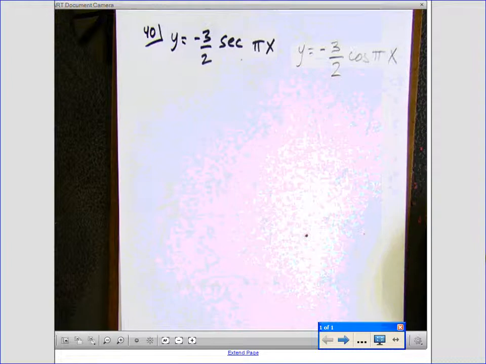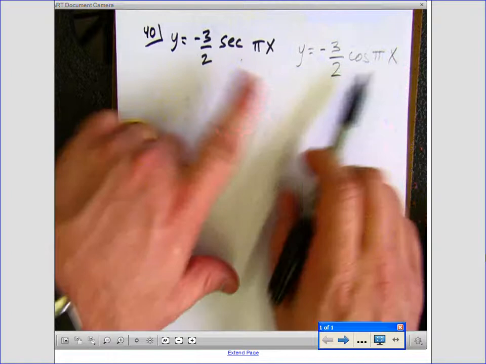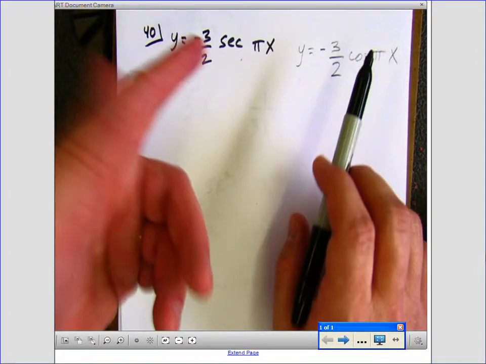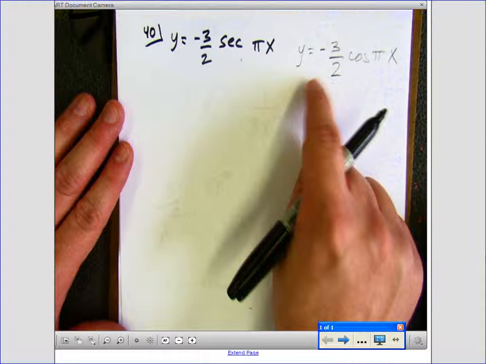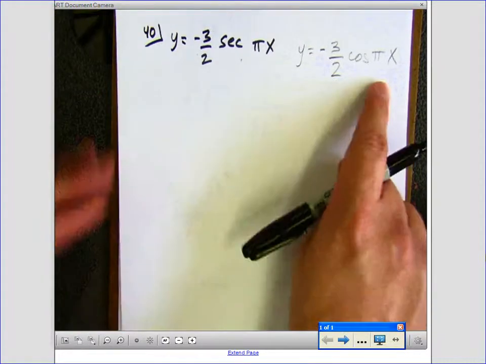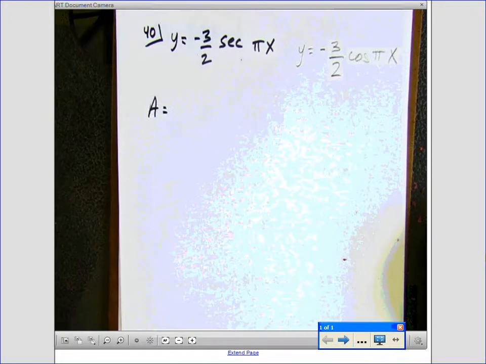Doesn't matter because it's the same. So amplitude and period, it doesn't matter what you look at because all the numbers are still the same. You wouldn't really do this one until you got ready to graph, and you don't have to write it out. All right, so amplitude.